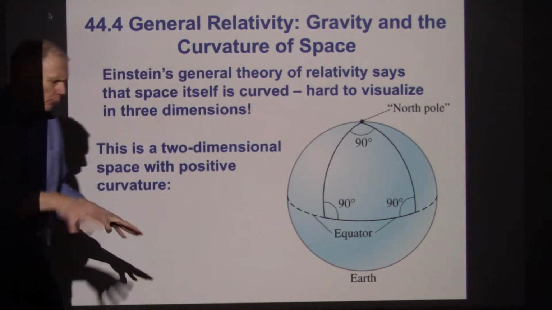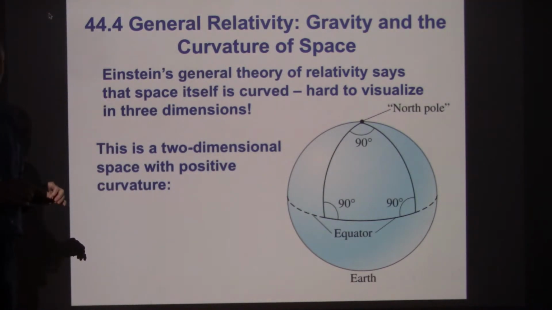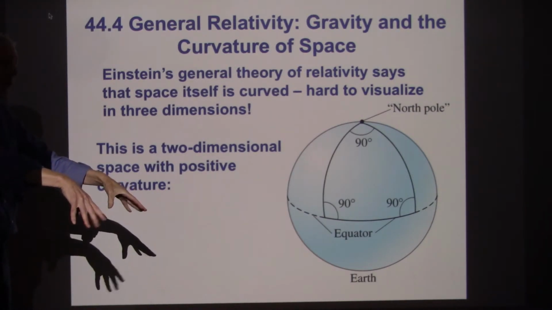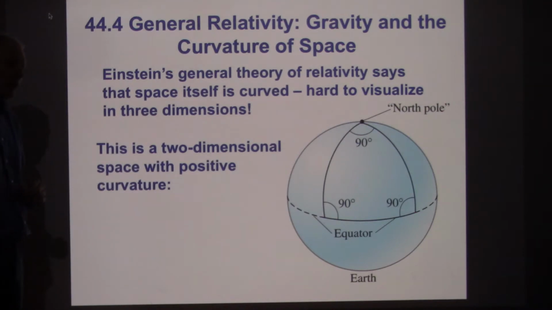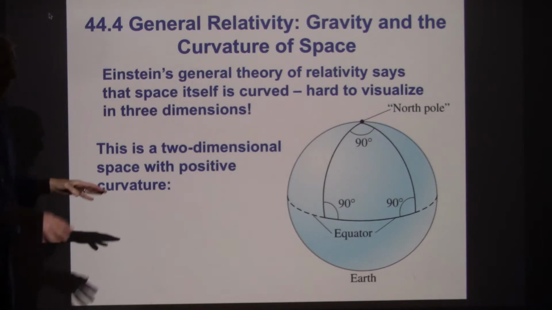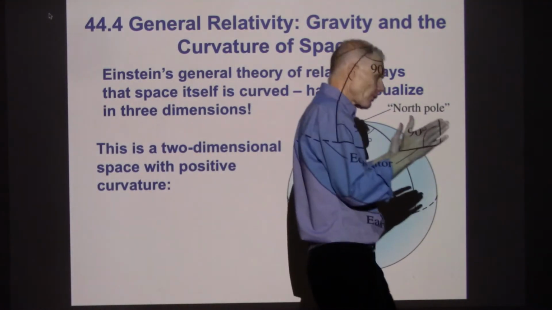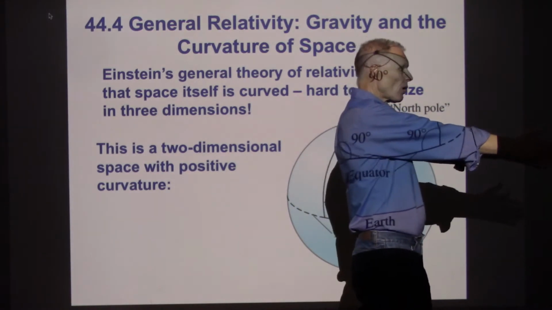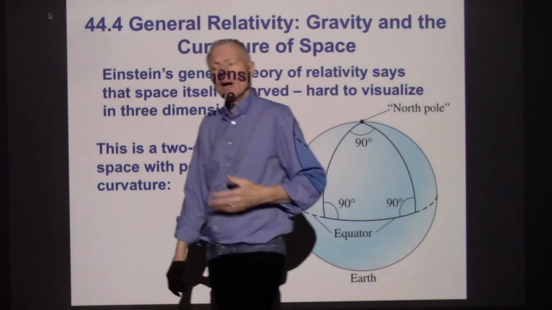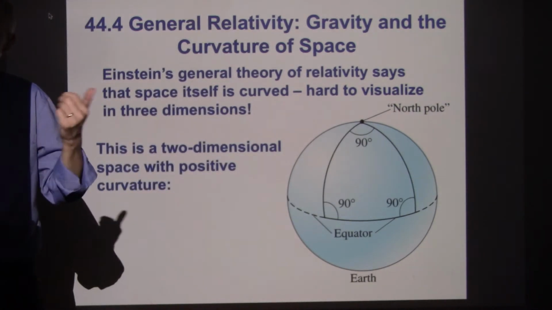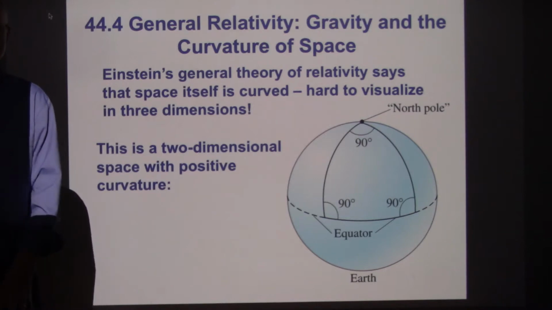So if we went to the tile store and we found out that there was a nice square set of tiles, and we thought, oh, it would be nice to cover the whole planet with those square tiles, we find out we can't do that, because when we start laying the tile down, we find out that those what look like parallel lines are beginning to converge. And that's due to the curvature of the surface. Now that's called positive curvature. There's also what's called negative curvature.